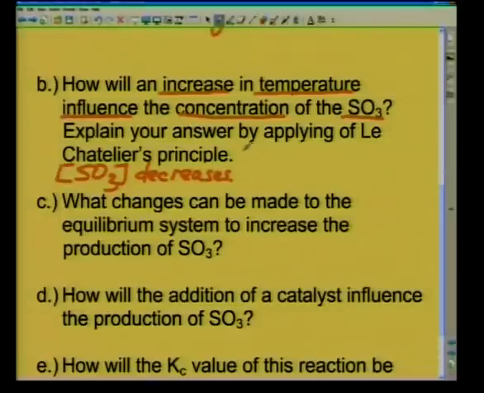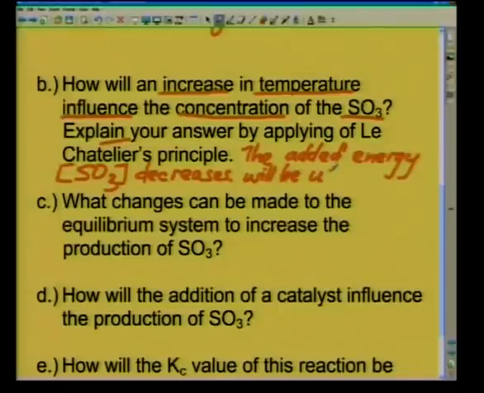So the explanation we can give here in terms of Le Chatelier is that the added energy will be used by the endothermic reaction, which is the reverse reaction.